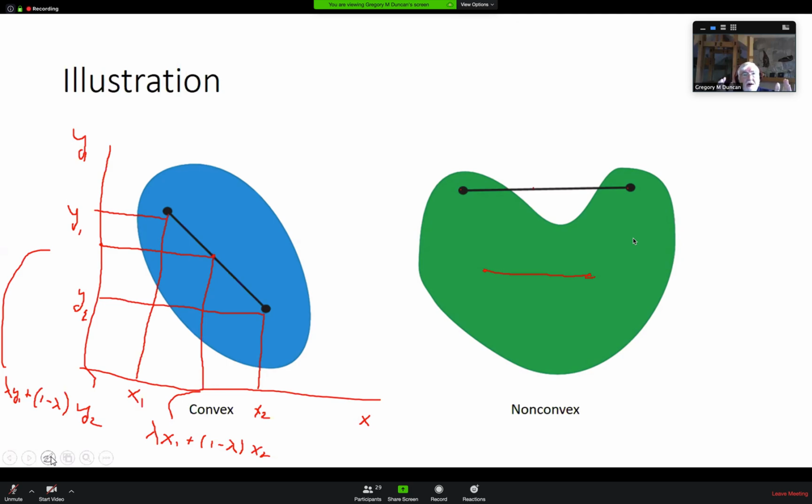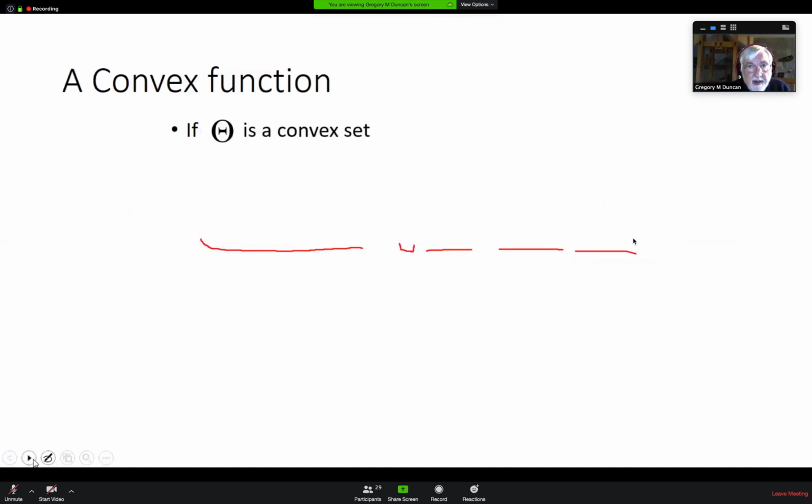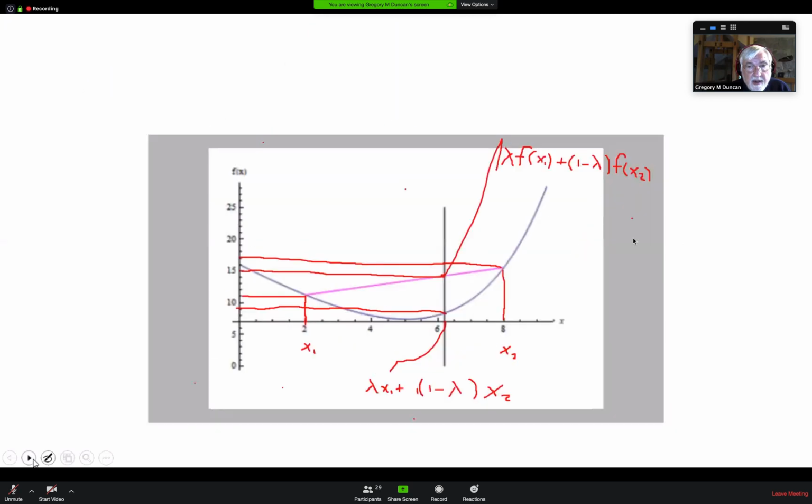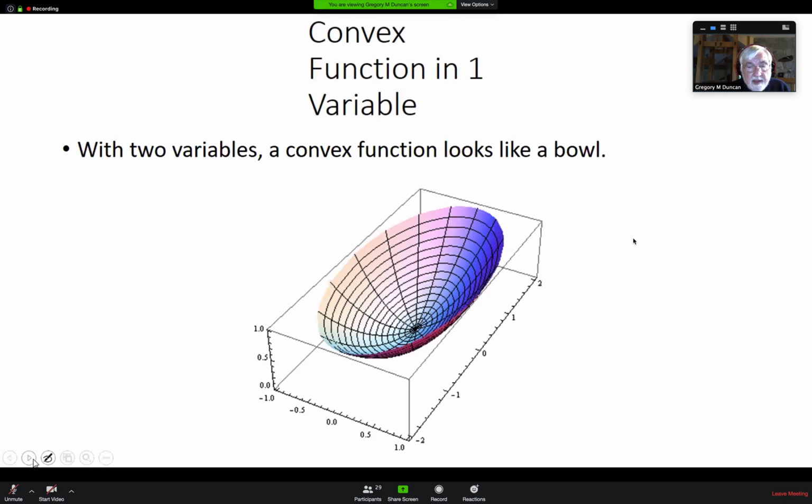So you're confusing the convex function with the convex set. So let me jump ahead here. Here would be an example where there is a convex function.